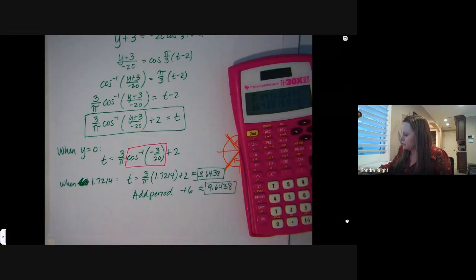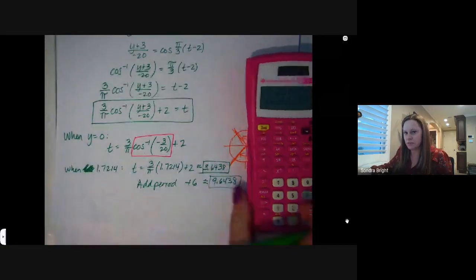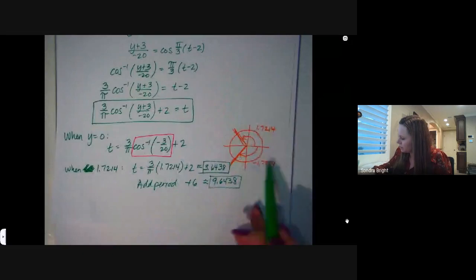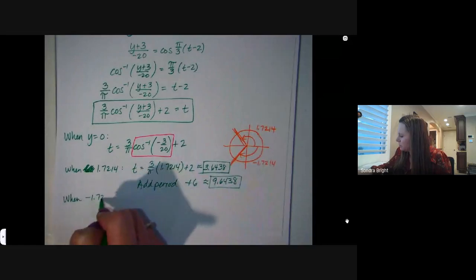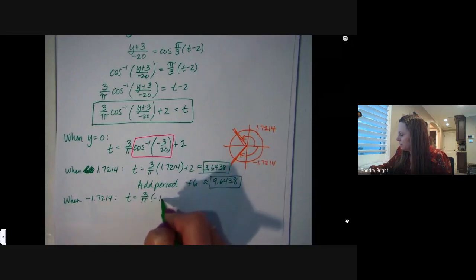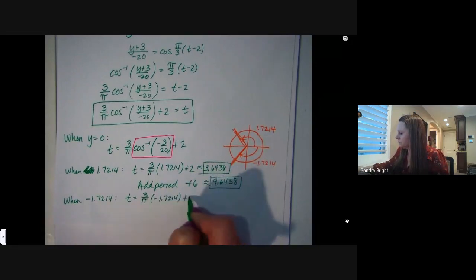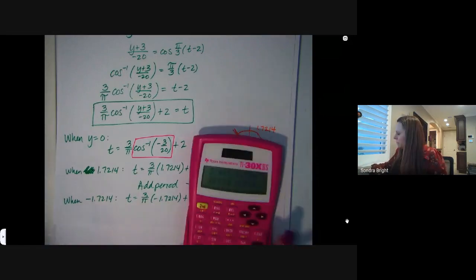The other way to get the other angles is, we got this -1.7214 for this pink box. So when our value there was -1.7214, then our t value would be 3/pi times -1.7214 plus 2. So we'll go 3 divided by pi times -1.7214, and then plus 2.